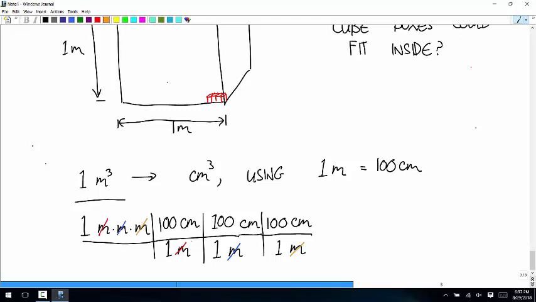Cancels the last one. And so now the units that are left are centimeters times centimeters times centimeters. So multiply out the numbers and you get 1 million centimeters cubed. So to fill a square cubic box where all the sides are 1 meter long, you'd have to put 1 million of these little 1 centimeter cubes inside.